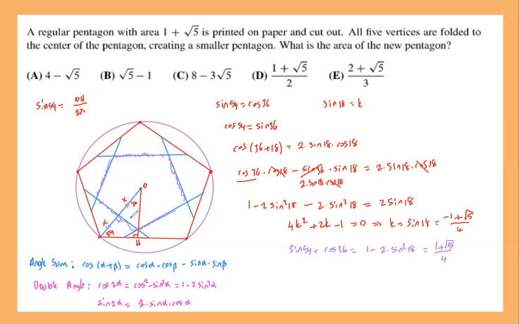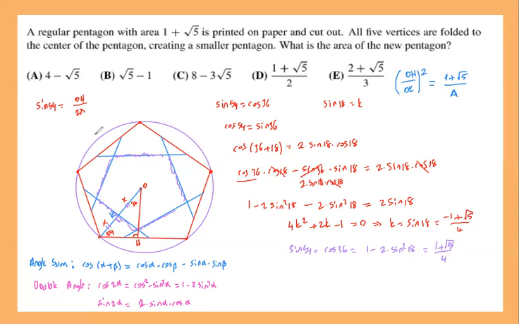Since we know the area of the largest pentagon, which is OH, I'm going to write here OH divided by OK, this is my ratio of the corresponding parts. If you square this, it is going to be the area ratio, which we are given as 1 plus root 5 for the larger pentagon. I'm going to call the area of the smaller pentagon A.